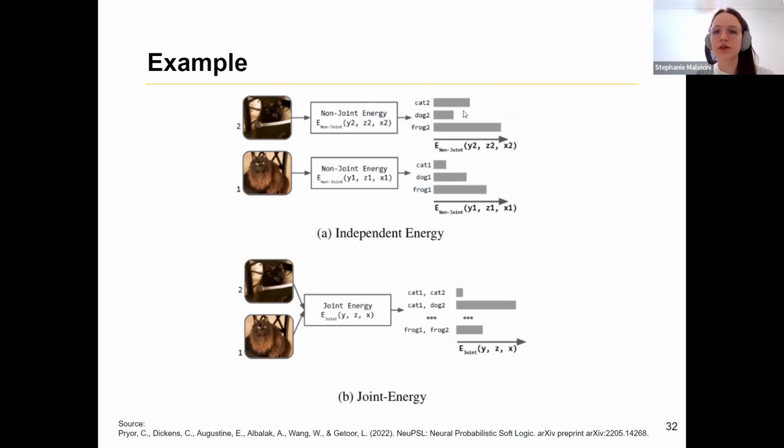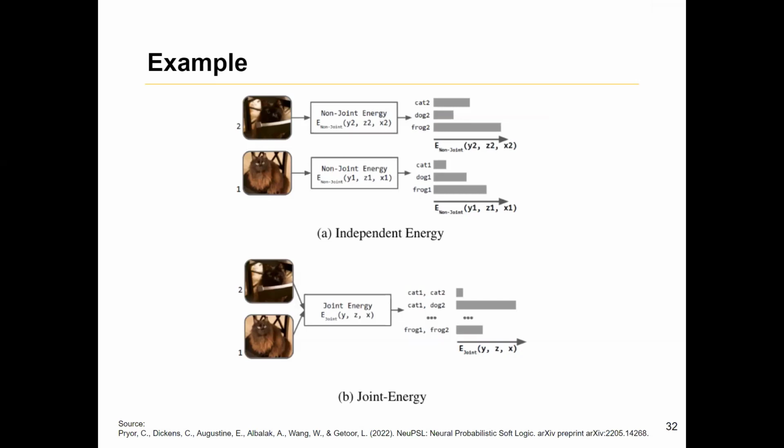This one is wrong, right? Yeah, it's image number 2. The prediction would be that it's a dog, but it's really a cat. But as you can see, it's not the clearest image. Image number 1 is much clearer. So when it does the joint energy thing, it takes advantage of the fact that image number 1 is not clear, and it's able to use that information to predict over the other one. Okay, understood.